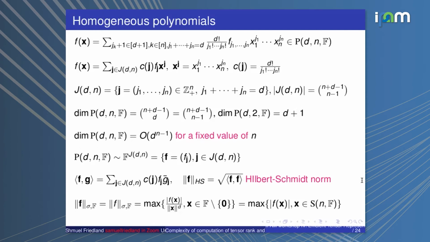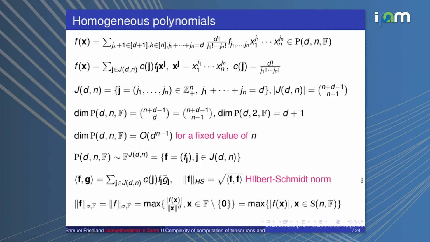Now here, it might not be clear if somebody sees it for the first time, it's better to scale the coefficients of f, j1 up to jn, with the multinomial coefficient. We'll explain later. So we can do the second line: f(x) is the sum of c_j f_j x^j, where x^j is just the monomial and c_j is the multinomial coefficient, and the sum is over all indices j, which are non-negative integers summing to d.